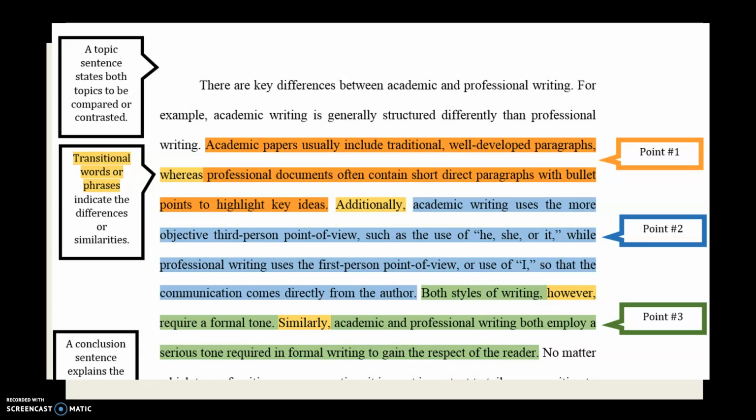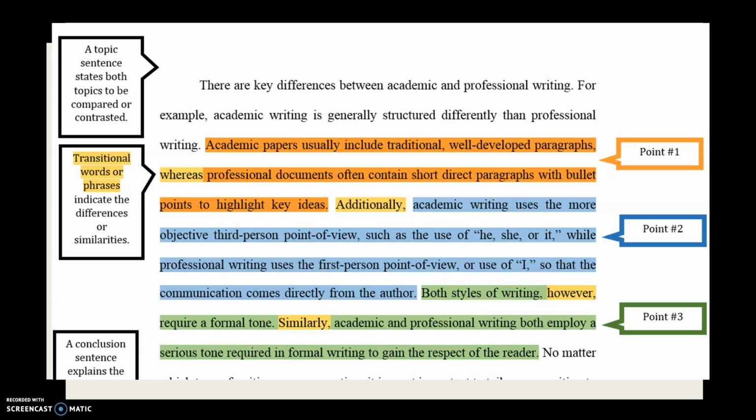The topic sentence is very similar. Then you have point 1, academic papers usually include traditional well-developed paragraphs, whereas professional documents often contain short, direct paragraphs with bullet points to highlight key ideas. So you can see side by side, academic papers and professional documents are compared with respect to paragraphs.